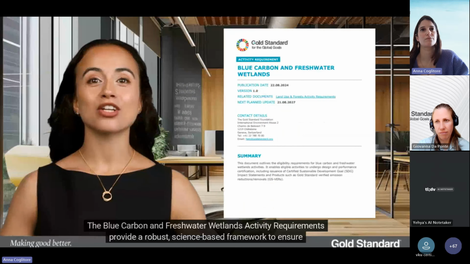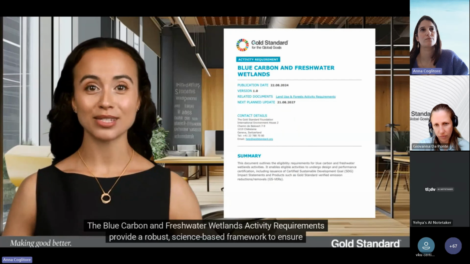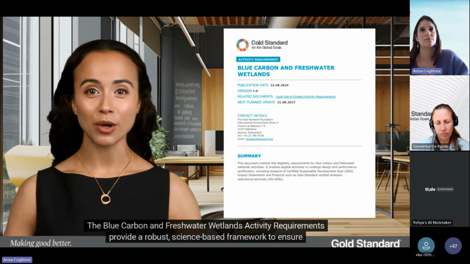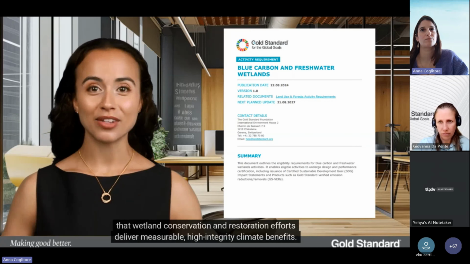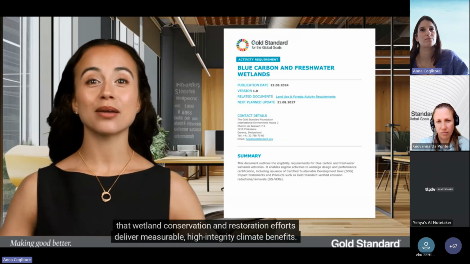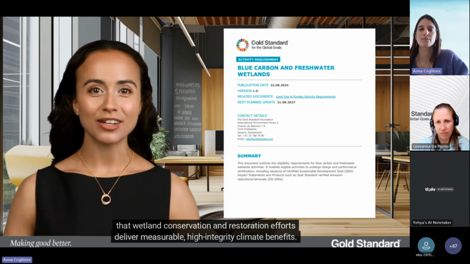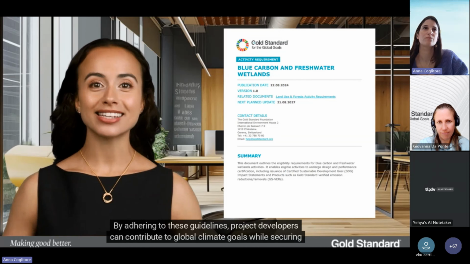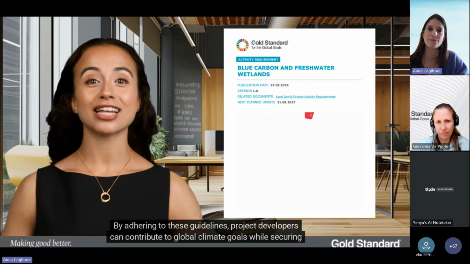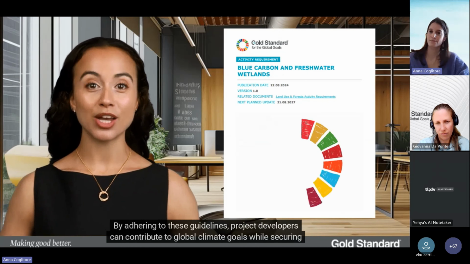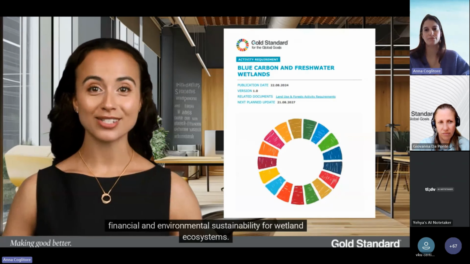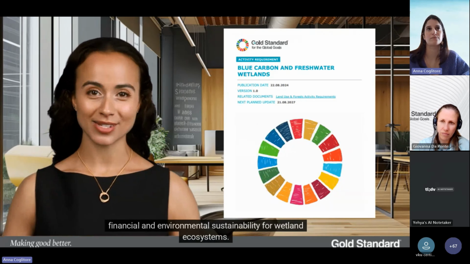The blue carbon and freshwater wetlands activity requirements provide a robust science-based framework to ensure that wetland conservation and restoration efforts deliver measurable, high-integrity climate benefits. By adhering to these guidelines, project developers can contribute to global climate goals while securing financial and environmental sustainability for wetland ecosystems.